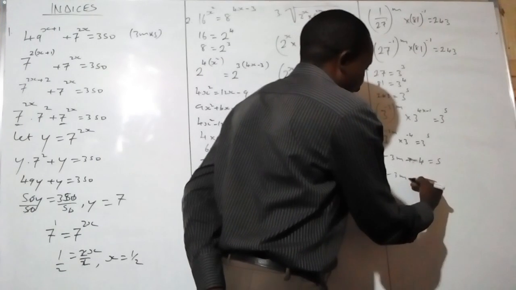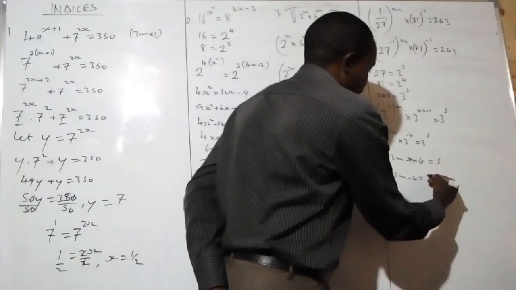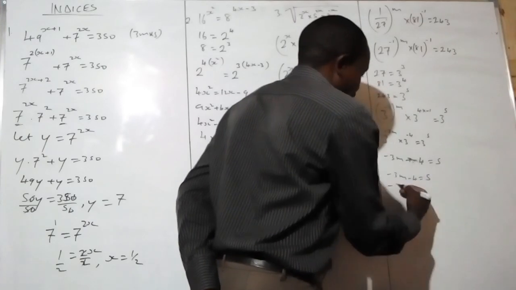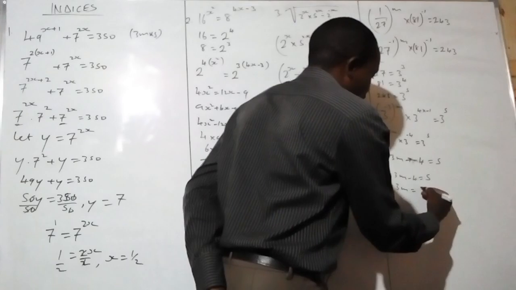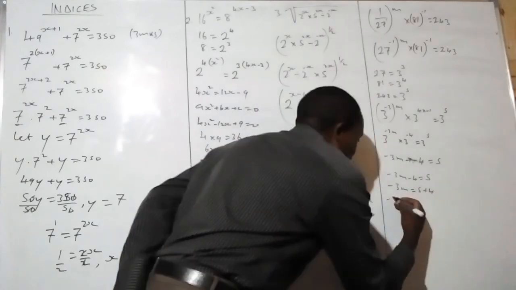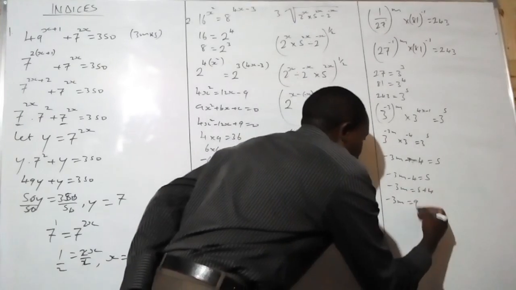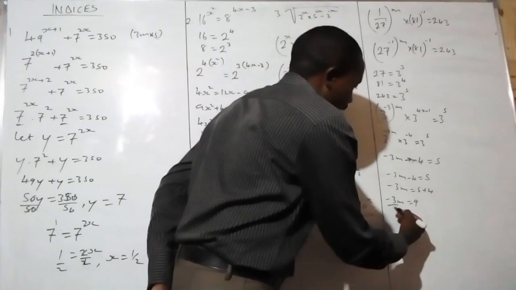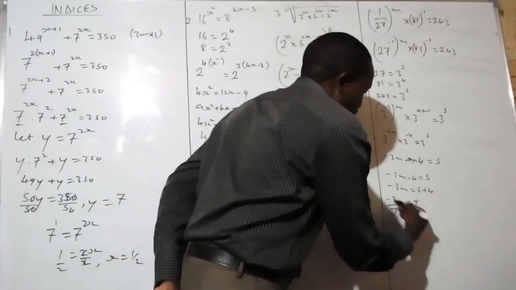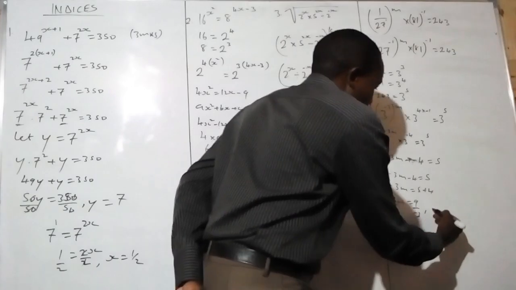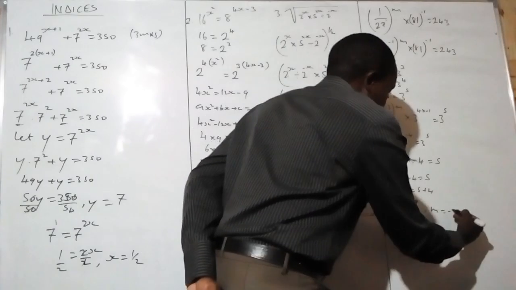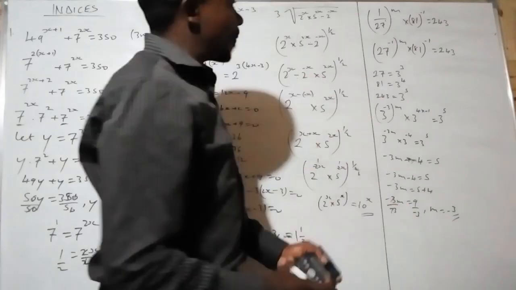Negative 3m is equal to 5 plus 4, so negative 3m is equal to 9. You can divide both sides by negative 3 to have m as negative 3, and that is the correct answer. That is the value of m. That's how you are supposed to solve that question.